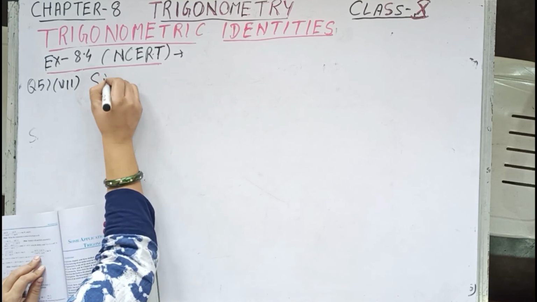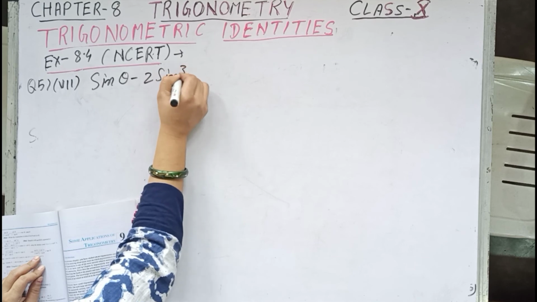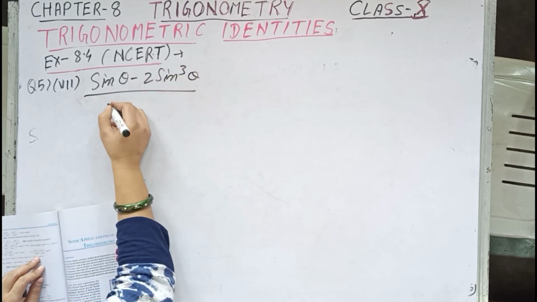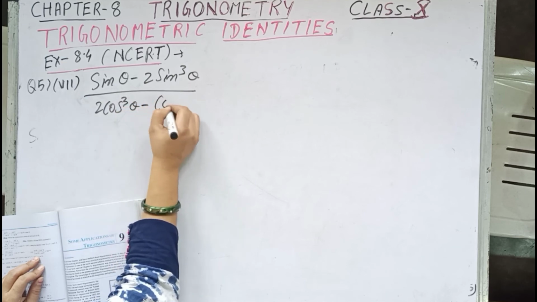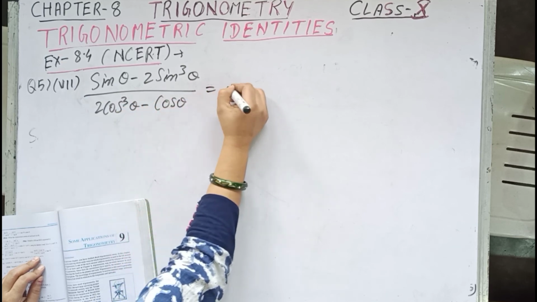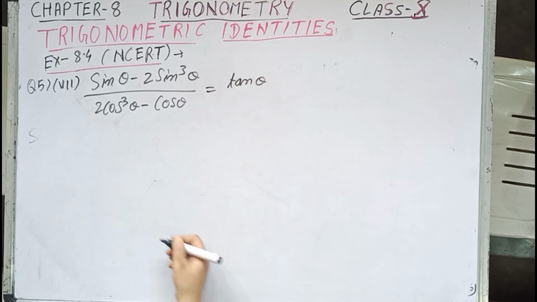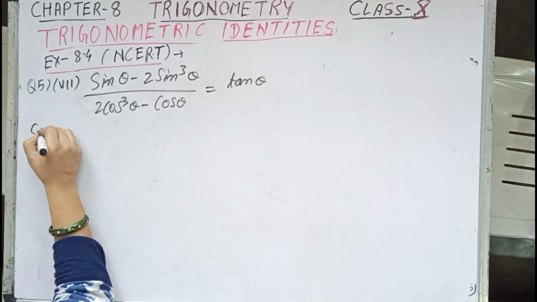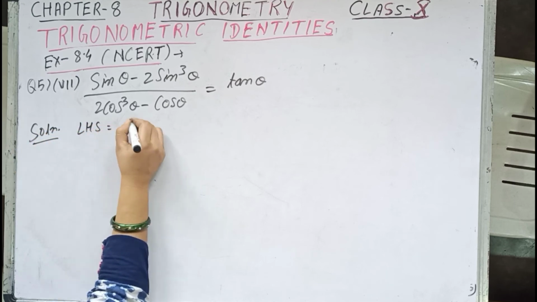Subpart number 7 is (sin theta minus 2 sin cube theta) by (2 cos cube theta minus cos theta) equals tan theta. Now let us proceed with LHS. First you will write solution, then you will write LHS.